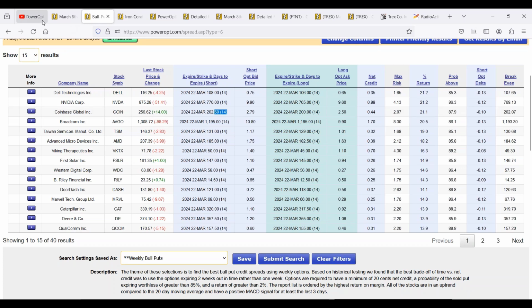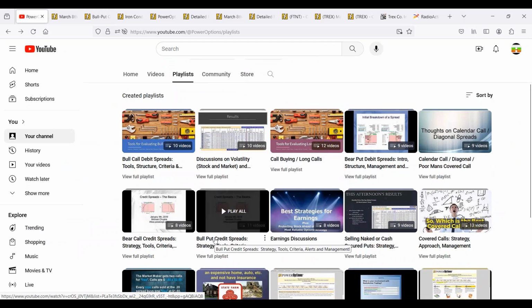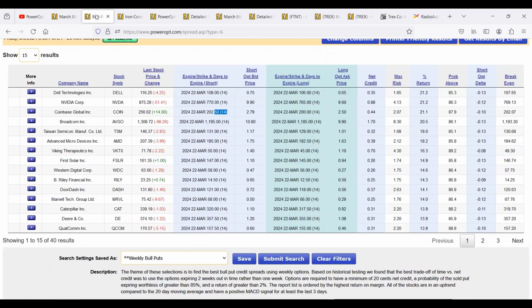But following what we discussed here in that bull put credit spread management technique and discussions and stops, clarifying the stops. Once I open a bull put credit spread, if I open 2 or 3 on Monday, I'm going to put them in the power options portfolio. I'm going to put those stops in based on, did it cross below the SMA 20? Is it within 1% of my short put strike price? So on and so forth.